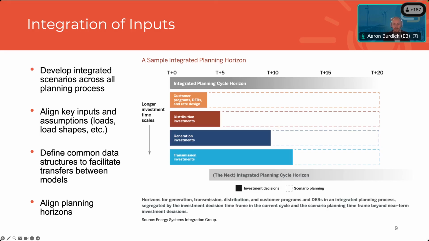But to reach an integrated solution, we really need to align the planning horizon for scenario planning, even if we won't necessarily lock in all of our investment decisions, for instance, for distribution 15 years in the future, like we may for certain transmission assets. So this is really foundational. It's about aligning the planning processes, integrating the scenarios that go into them and the horizons upon which they consider.